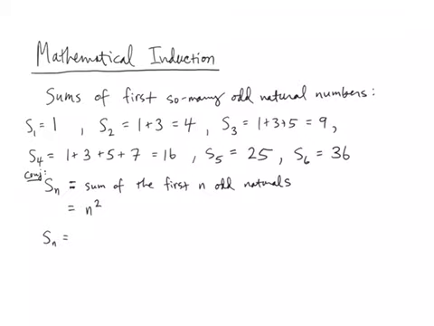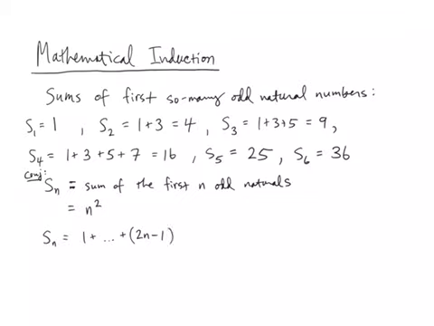Then 5 is 2 times 3 minus 1, and 7 is 2 times 4 minus 1. So in general, the nth odd integer is 2n minus 1. So the sum of the first n odd natural numbers is 1 plus ... up through 2n minus 1.